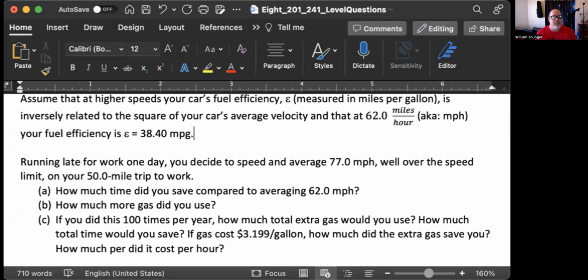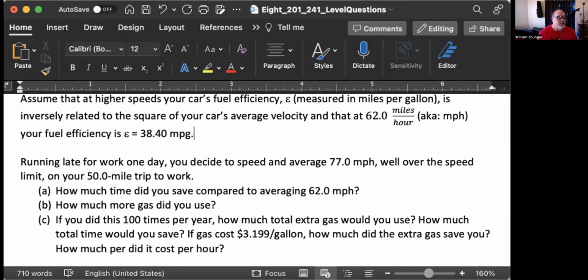And further, you assume that at 62.0 miles per hour, which we're often just going to call MPH, your fuel efficiency is 38.40 miles per gallon. So we have a car at high speed. It appears that the fuel efficiency is inversely proportional to the square of the speed. Obviously, that means efficiency is equal to some constant divided by velocity squared.